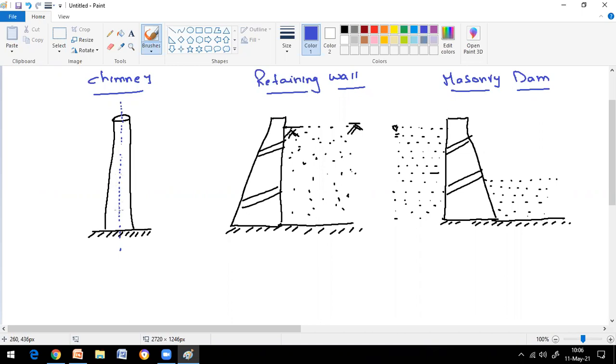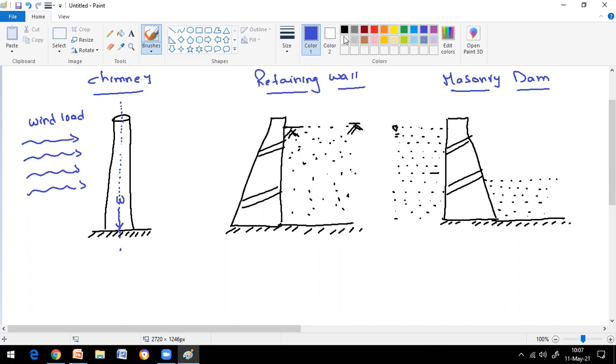Due to the self weight, the chimney will have a direct load, which is W. Along with that, chimneys will be subjected to wind force also. This is called wind load. This wind load will create a bending stress in the member.